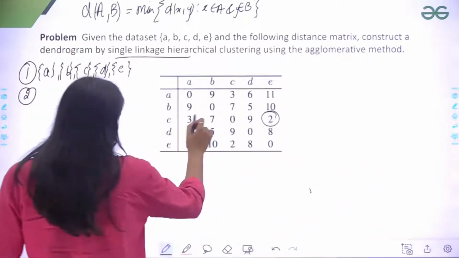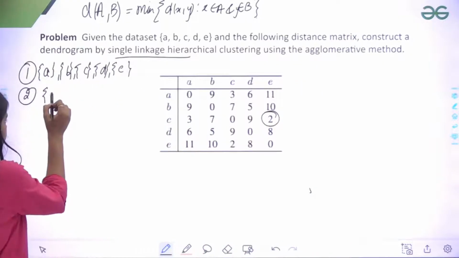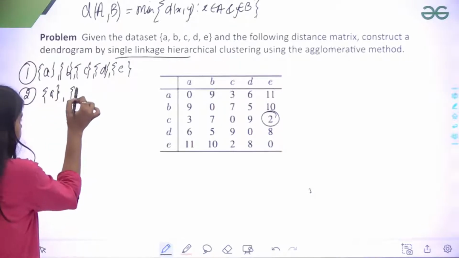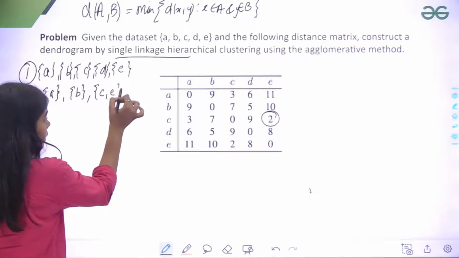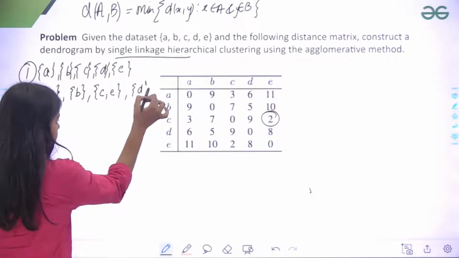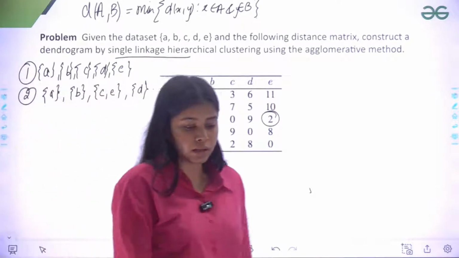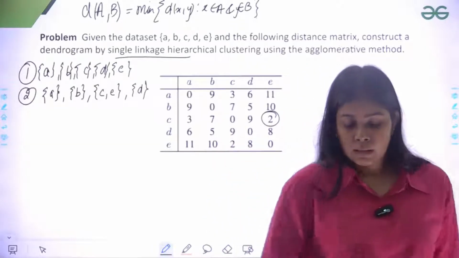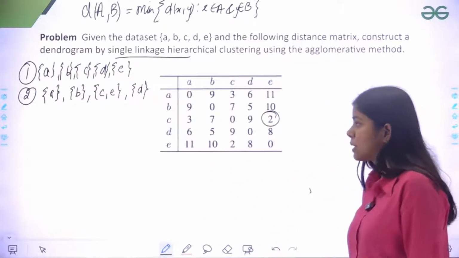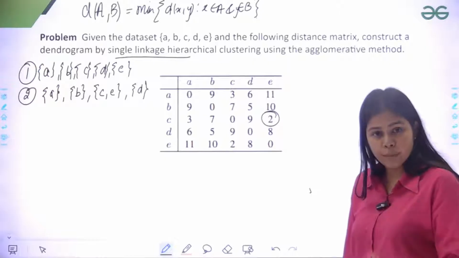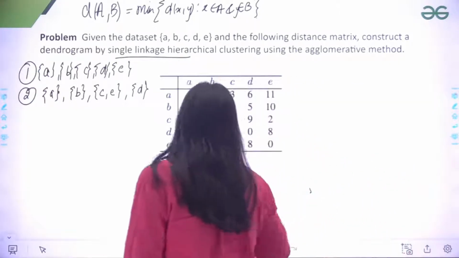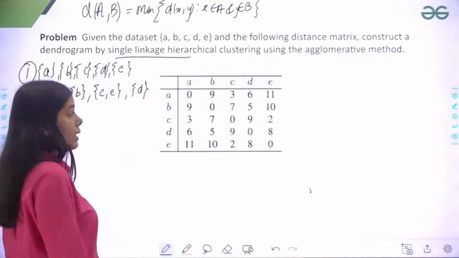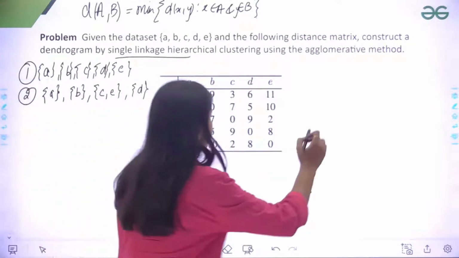So I can connect C with E. So the next clusters I get are A, B, then C comma E, and then another cluster D. Right now I get 4 clusters: A, B, C E, and D. Next I have to find out the distances.